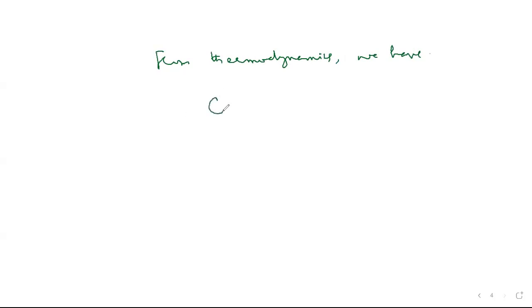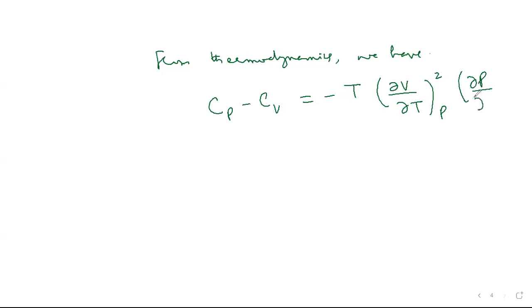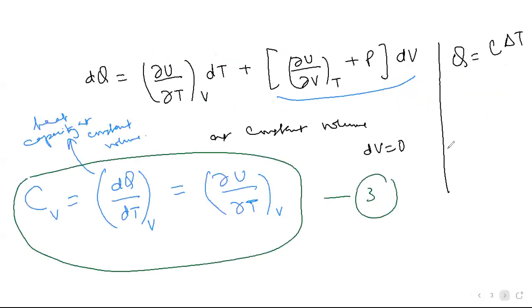We have relation Cp minus Cv is equal to minus T dou V by dou T at constant P square times dou P by dou V at constant T. We name it equation 4.